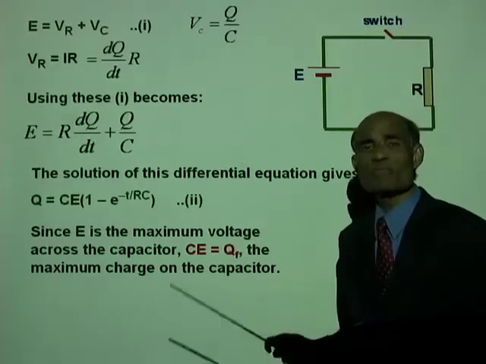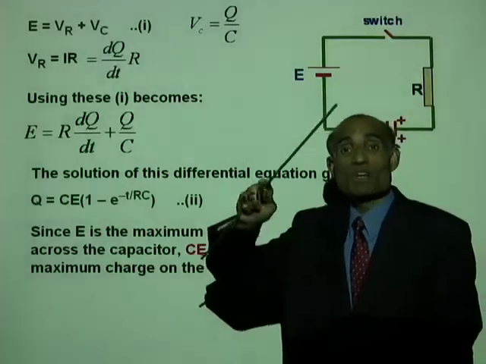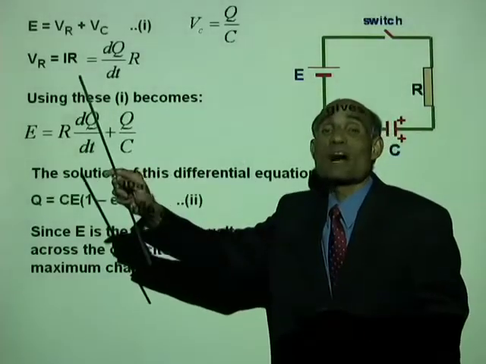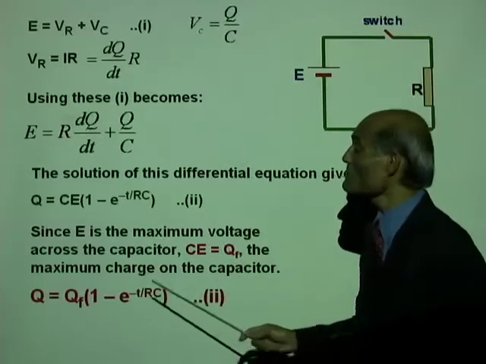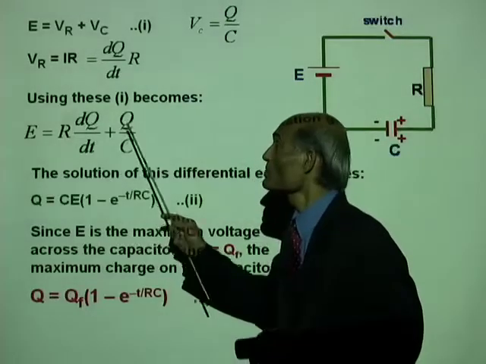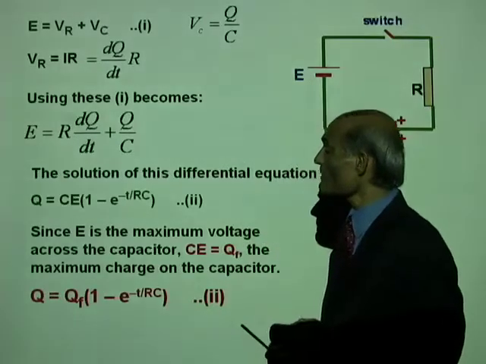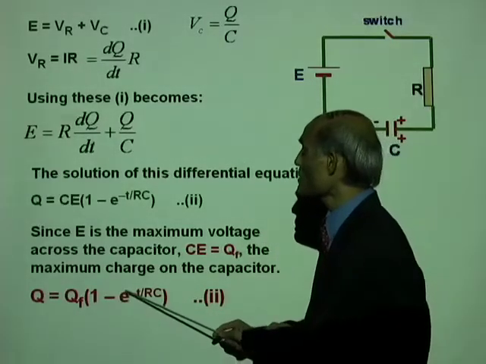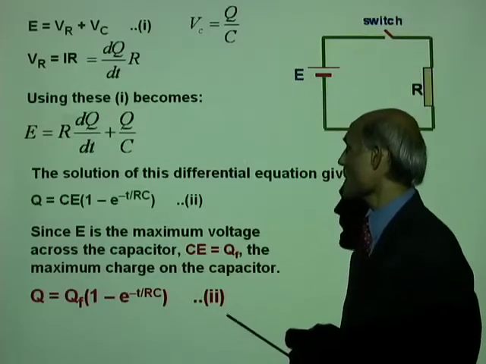Why did I use F there for QF? QF is the amount of charge at the end of the charging cycle, the final. So CE equals QF. Therefore, the solution of this equation is Q equals QF times 1 minus e to the power negative t over RC.